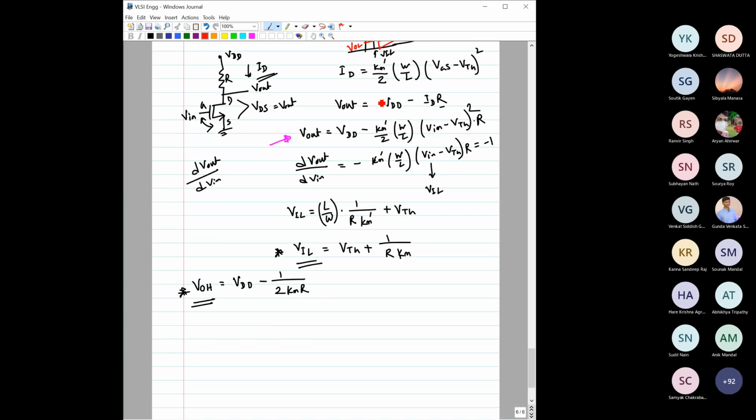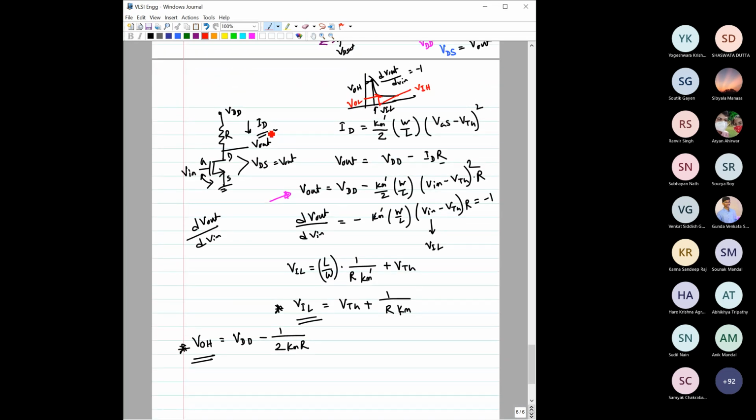Now please tell me in which region the transistor would be operated here. Sir, can you repeat once more? Yeah, sure. Now we have extracted these two expressions, this point and this point.